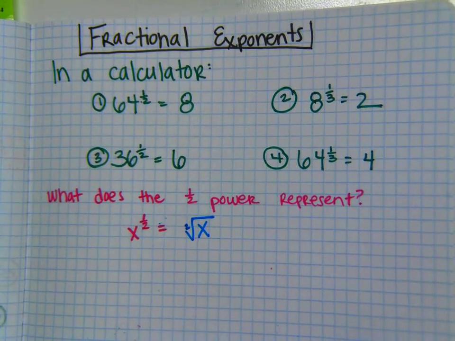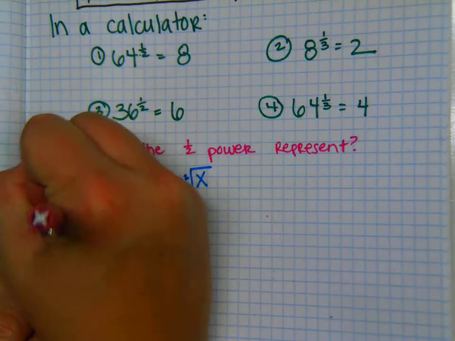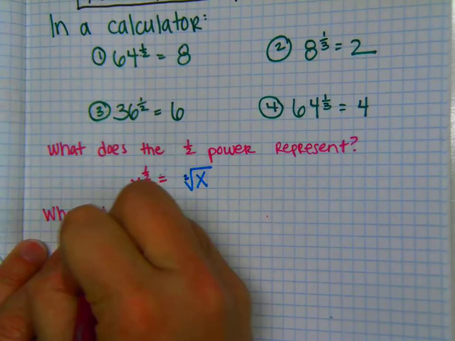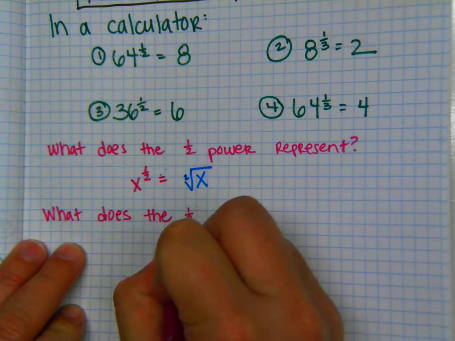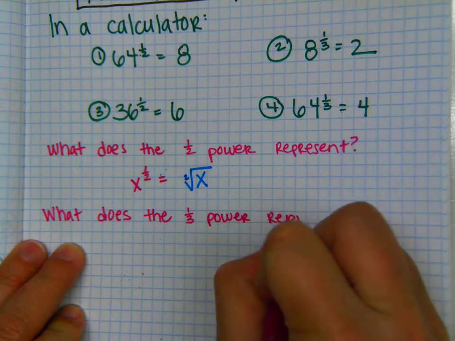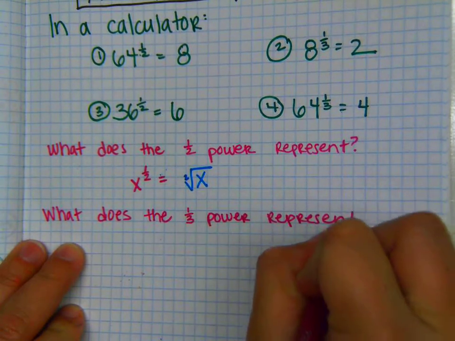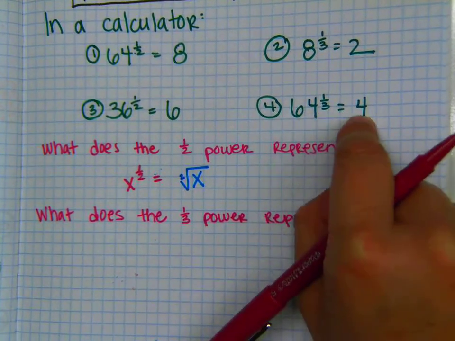Okay? Now my next question is, what does the 1/3 power represent? So we have 8 to the 1/3 is 2, 64 to the 1/3 is 4.